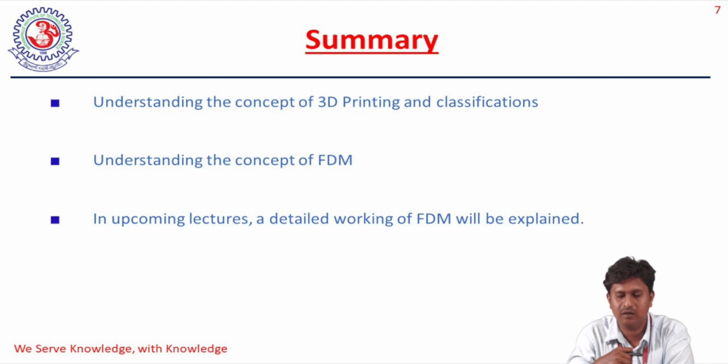And coming to the classifications, there are the stereolithography technique, selective laser sintering technique, direct metal deposition technique, and fused deposition modeling technique. These are the major classifications available for 3D printing technology. Next, understanding the concept of fused deposition modeling.